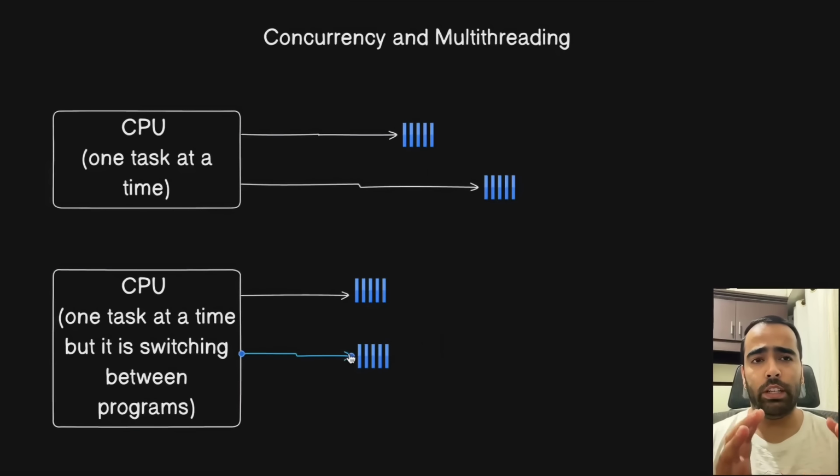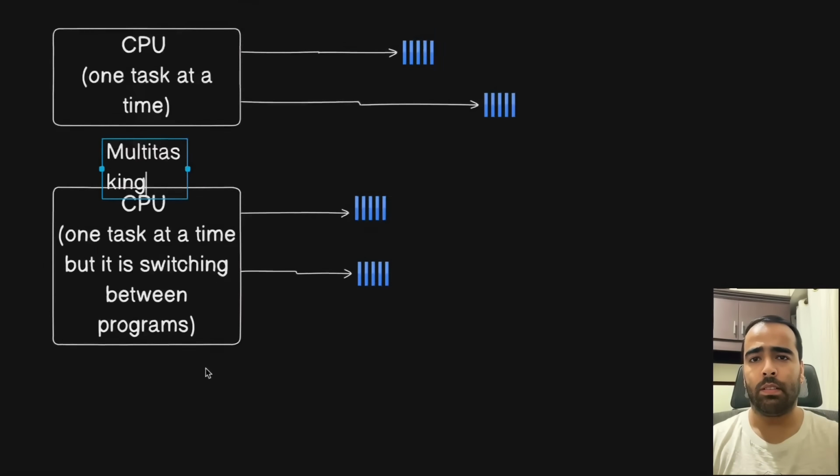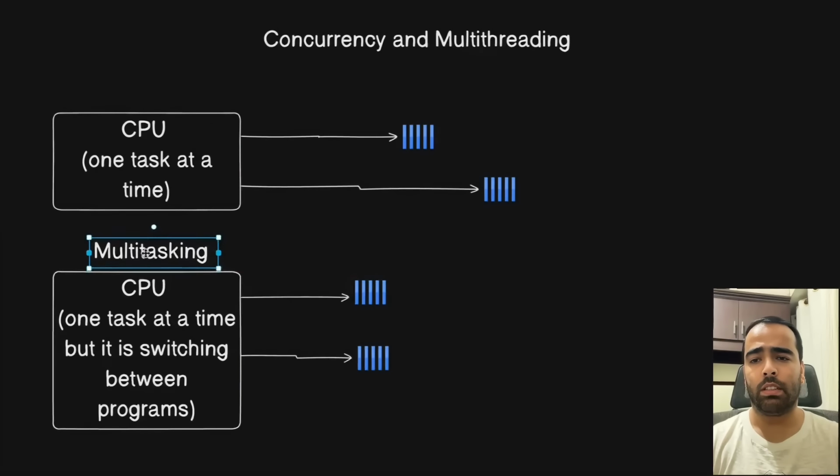It gives you an illusion that multiple tasks are happening at a time, but in the background the operating system and CPU are working together to switch between the applications or tasks, so that you get the feel that everything is running in parallel, but that is not the case. It's like switching between tasks. Some time will be given to this, then the CPU and operating system will give time to that. That's how it works. So this was multitasking, and this was single tasking.